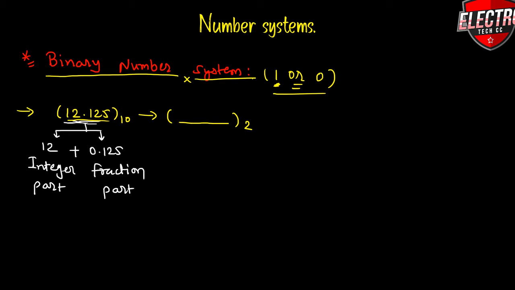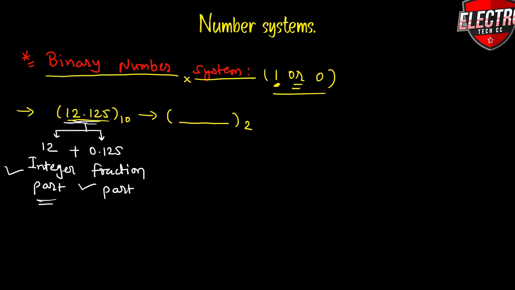So we will convert the given number into the binary number system in two parts: the first part for the integer part and the second part for the fraction part. For the integer part, let's start the conversion from the decimal number system to the binary number system.